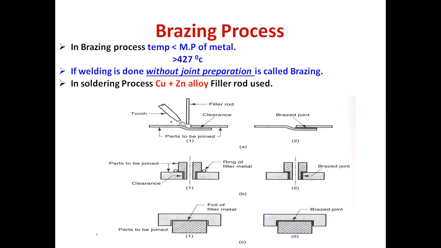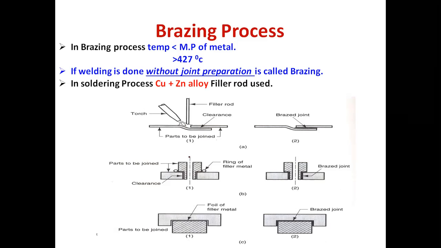In brazing, there are no internal stresses or formation. Further, thin wall tubes or parts having different thicknesses, different structures, or different metals can be easily joined by brazing.